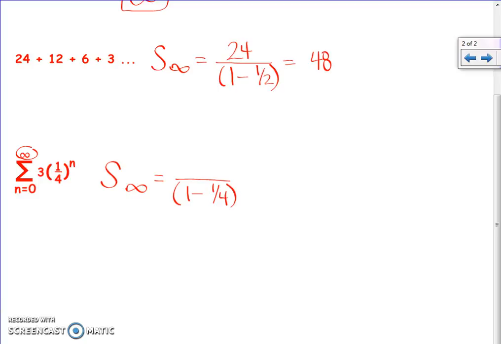Now, how do we find the first term whenever we're doing a sigma problem? Whatever's on the bottom here, we put into the formula, and that'll give us our first term. So if we have 3 times 1/4 to the 0 power, that's going to equal what? This right here turns into 1.